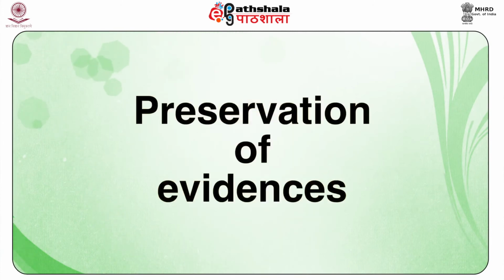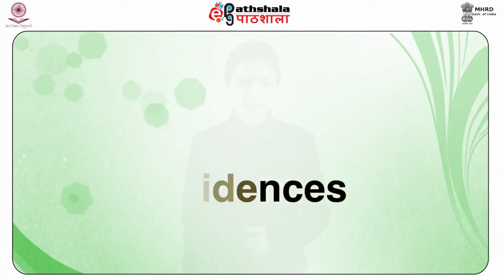Next aspect is preservation of evidences. Specimens should be stored at suitable temperatures with suitable preservative, and in an environment accessible only to authorized persons to make sure of the security and integrity.